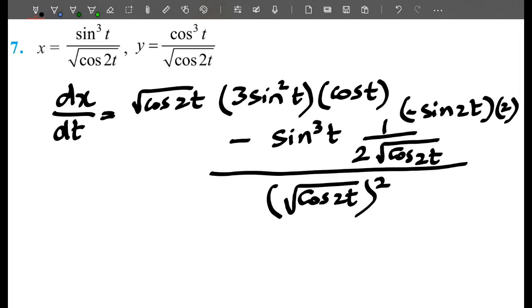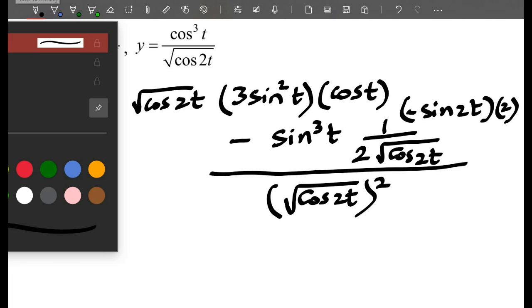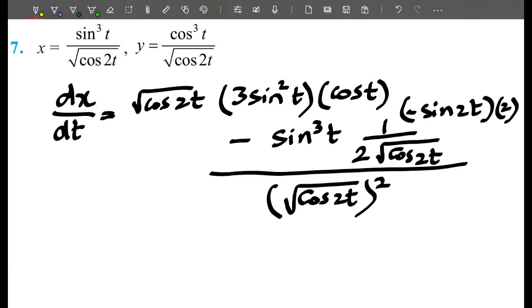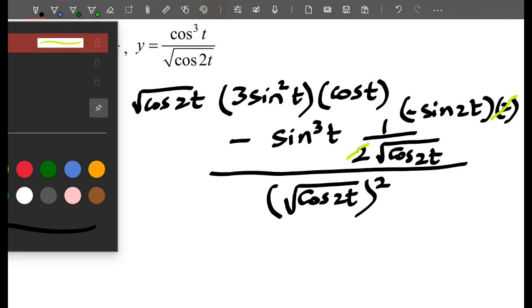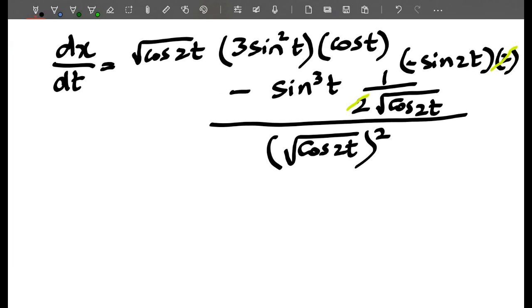Now when you simplify this, you can see that 2 is getting cancelled with this 2. So what is left out for dx by dt?